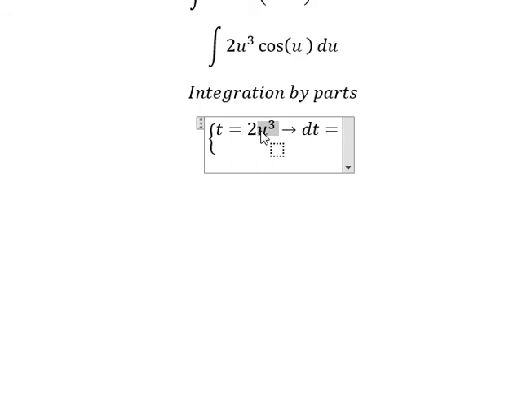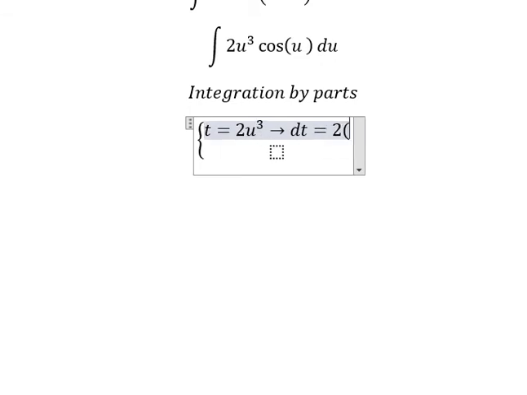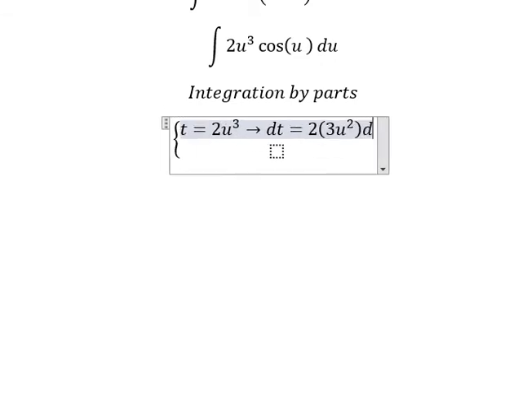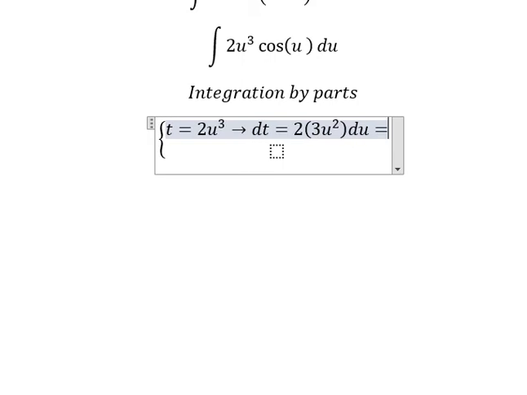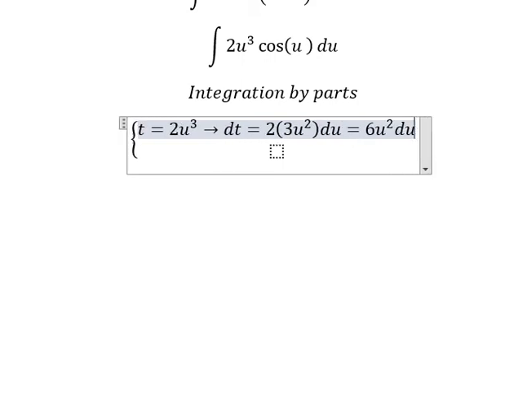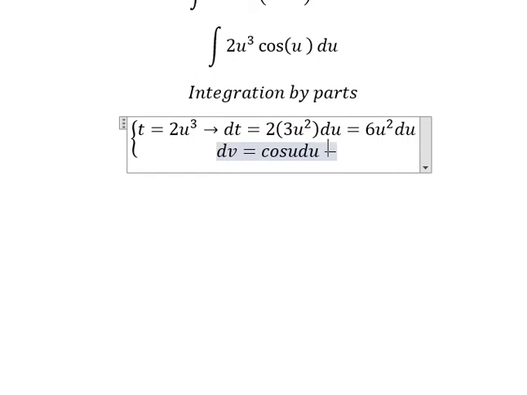The first derivative of u to the power of 3, we have 3u squared du. So this one we have 6u squared du. dv, we have cosine u du. The integration of this one, we have v equals sine u.